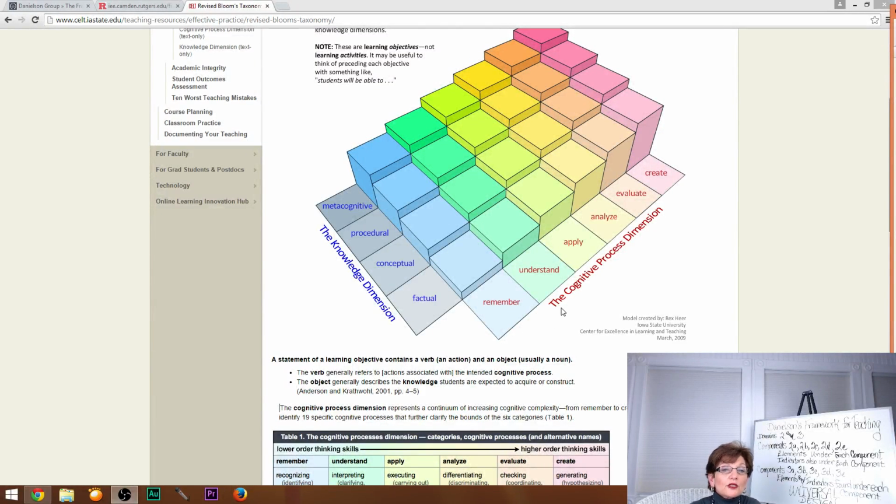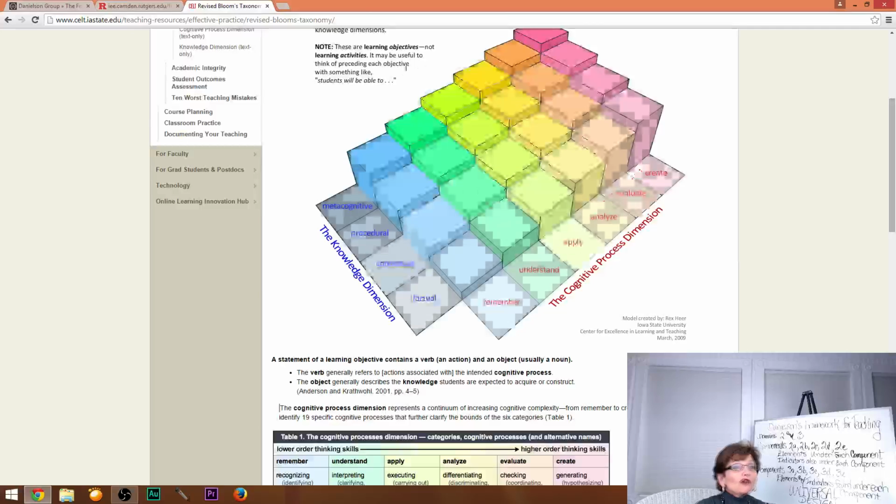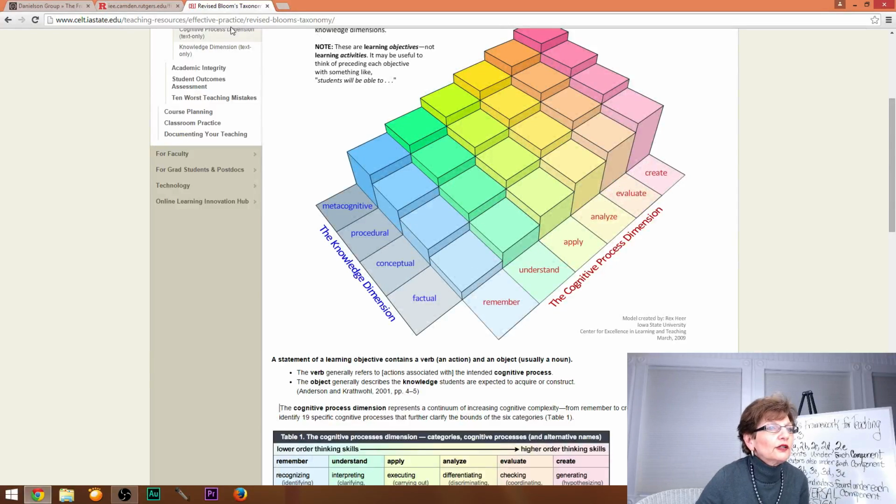It is a hierarchy, the cognitive process dimension of Bloom. Let's go down here first. First of all, let's look at the URL. Here's the URL. Can you see that? Teaching resources, effective practice, revised Bloom's taxonomy.